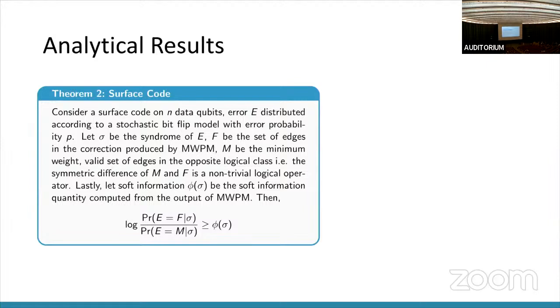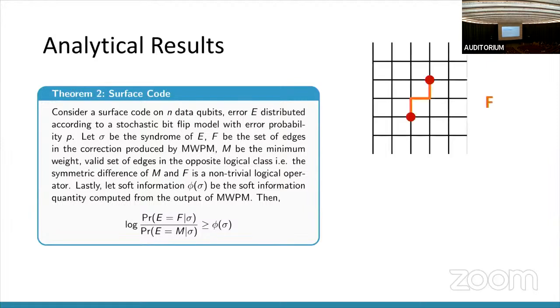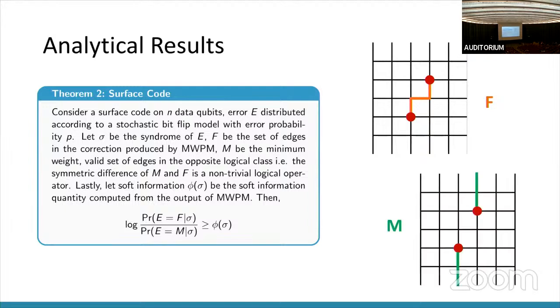Unfortunately, we were only able to show this lower bound. But it's in a similar manner, where we've defined F to be the decoder's output and M to be the output of the opposite logical class. So if you were to combine this orange and the green, we would again have a path from top to bottom.